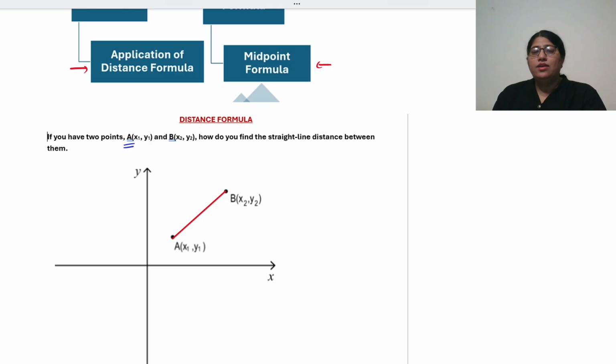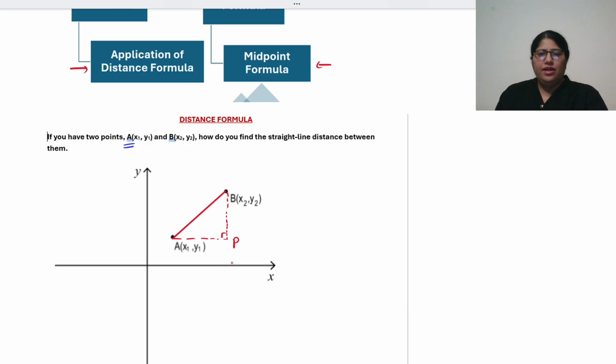Now, this is not a vertical height or a horizontal height. It is a slant length. How are we going to do it? If I can draw a right triangle here, I will be able to find the length of AB.